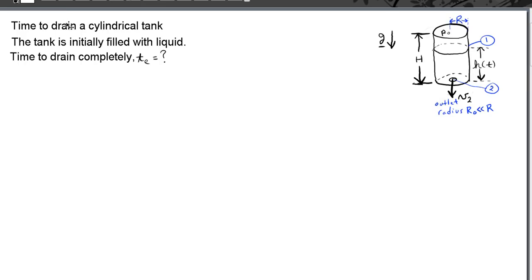So in order to solve this problem, we first can consider a macroscopic mass balance.